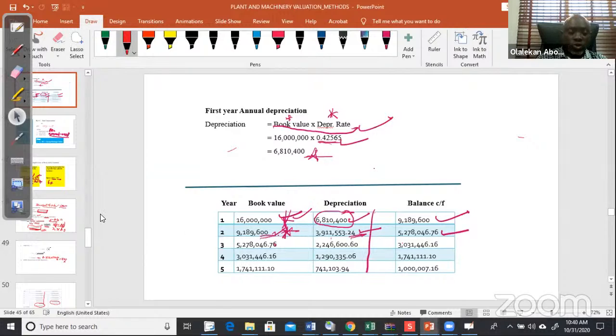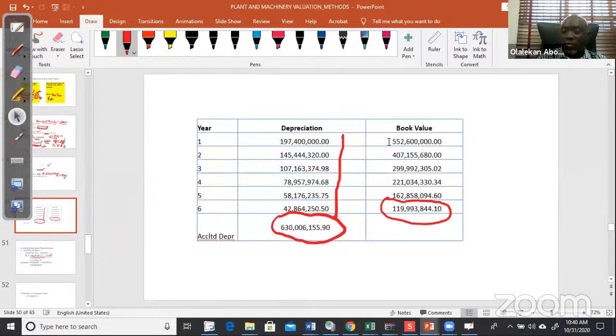This one, I just gave you a summary of the answer, depreciation and book value. That means this one will leave you using a calculator to compute. When you get this, just calculate the rate on this, that will give you this. Remove this from this, that will give you this.